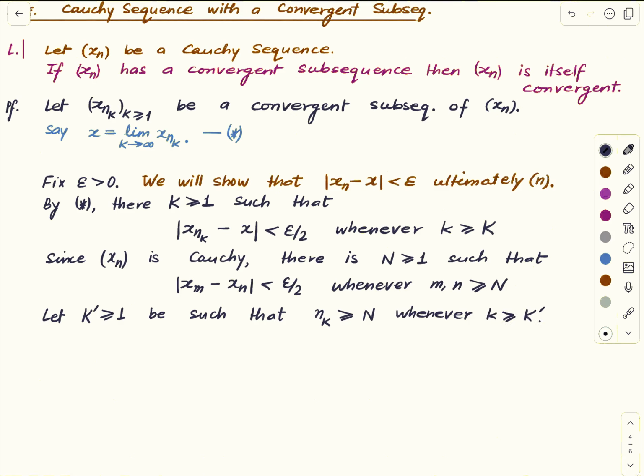Such a K prime must exist because n1, n2, n3 is a strictly increasing sequence of natural numbers. Such a K prime exists.